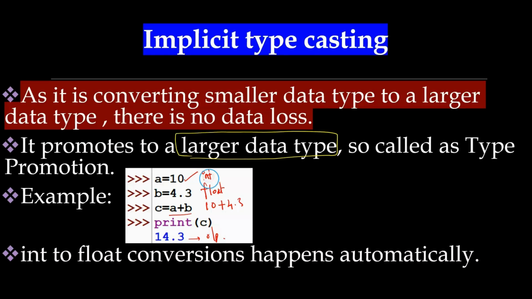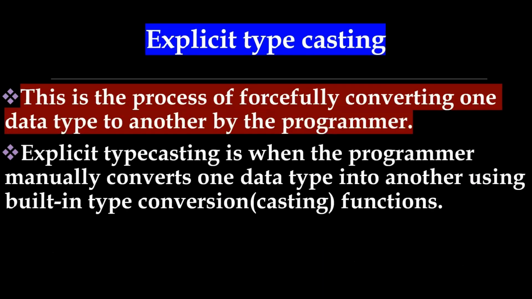We are adding one integer number and one float number, so when we add these two, the result is automatically converted into float. This conversion into float happens automatically in the case of implicit typecasting, and here we have no data loss at all. Hope you all understand.